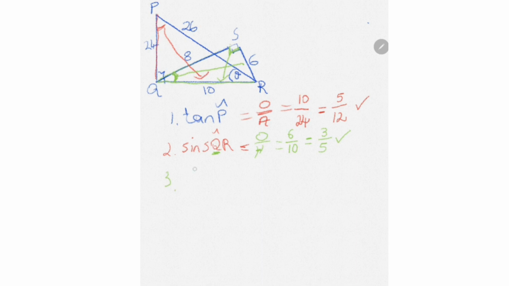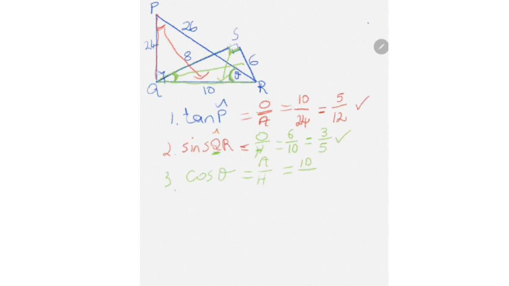Next, we have to find cos of theta. Theta is there, it's part of R in triangle PQS. Cos is adjacent over hypotenuse. What is adjacent to this theta? It's side QR, which is equal to 10.